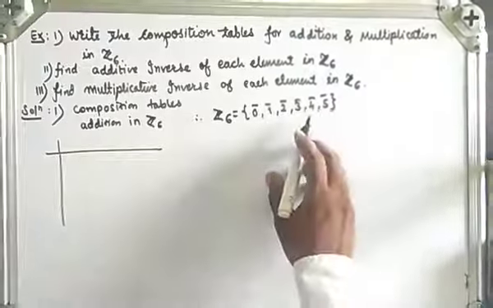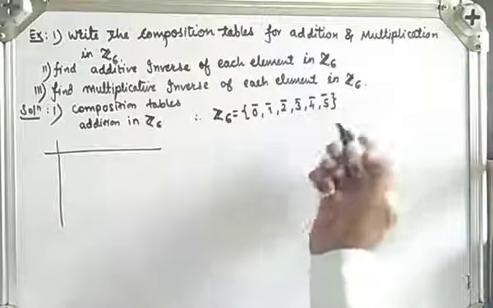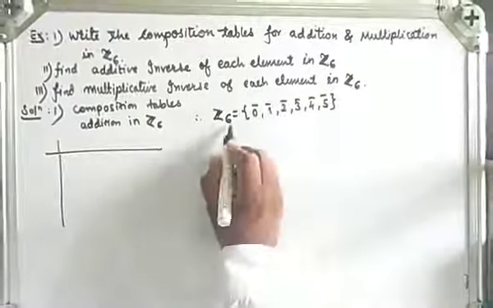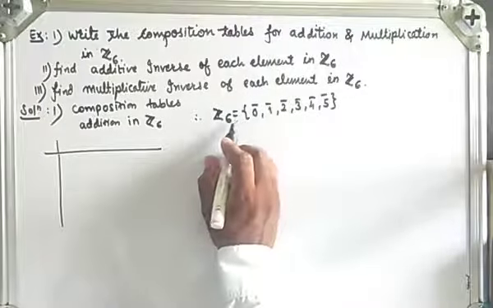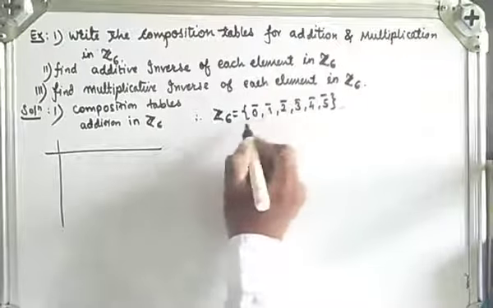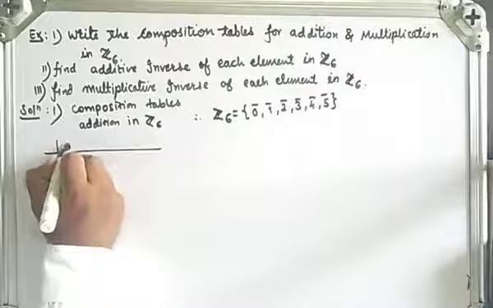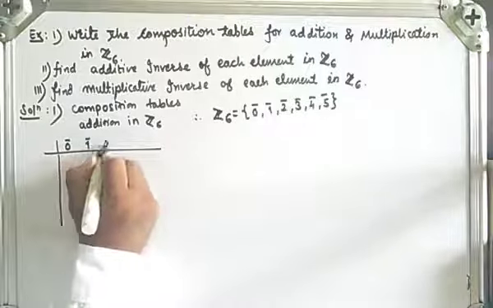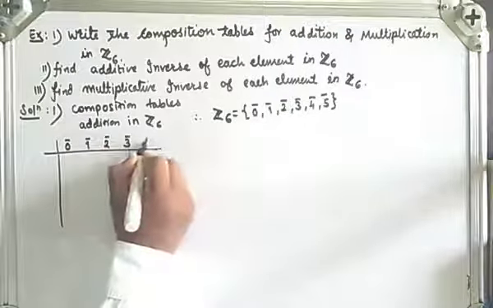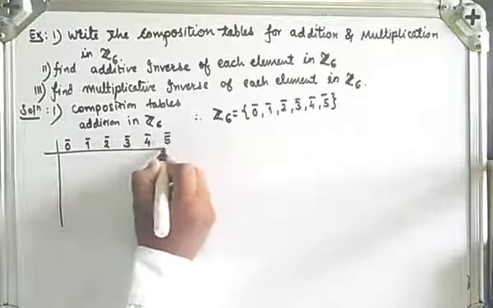If the sum is 6 or more than 6, then we apply the modulo 6 property, meaning we divide that number and the remainder will be in the composition table.